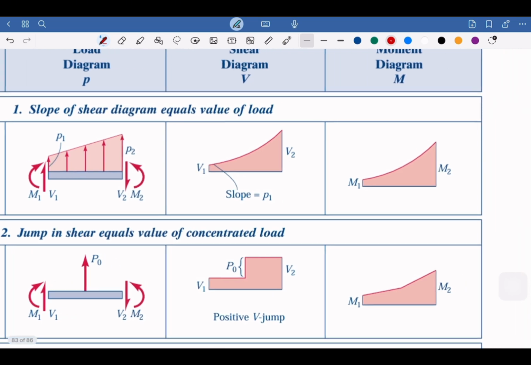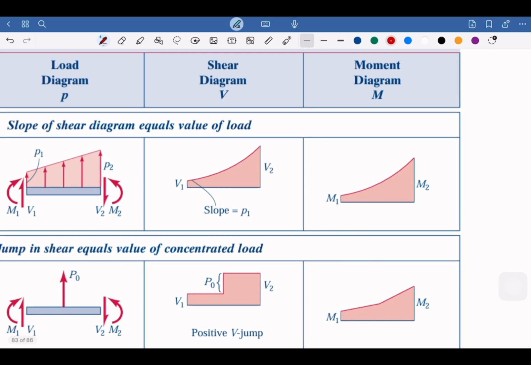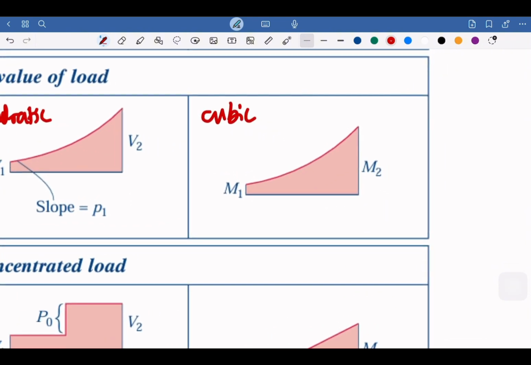And similarly, from the moment, the curve obtained from the shear force is going to be a cubic. If this is a quadratic polynomial, then this should be a cubic. So with the smoothness, you will see differences in the slope.